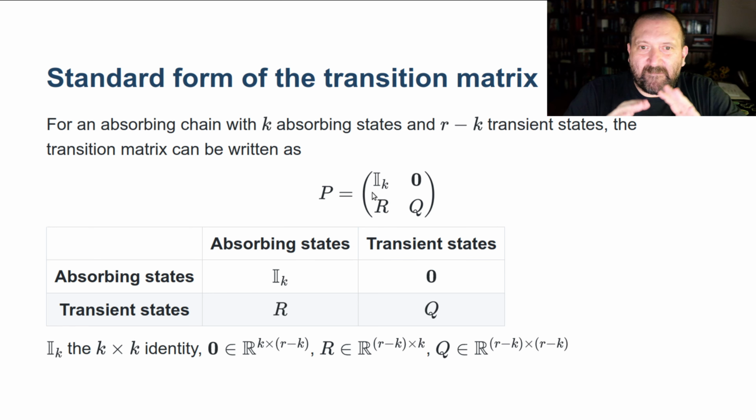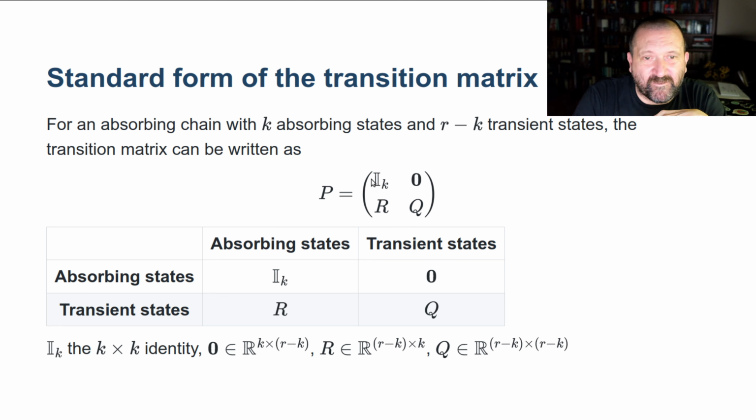If I have an absorbing Markov chain, then I am going to be able to write the transition matrix the following way. I'm going to have an identity matrix I_k, with k equal to the number of absorbing states. If there is one absorbing state, I'll have a 1.